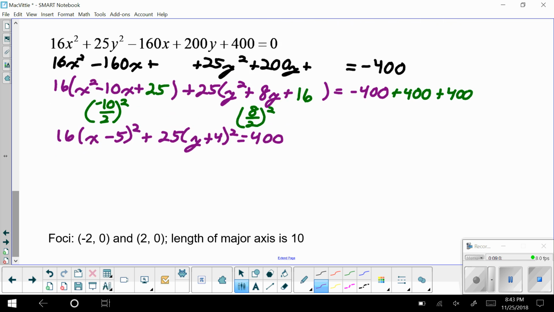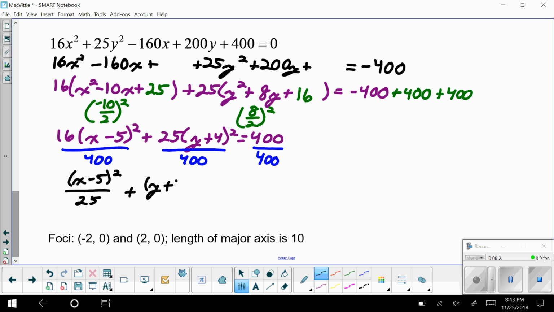And then I have to make this equal 1, so I have to divide everything by 400. Which leaves me with (x minus 5) squared over 25 plus (y plus 4) squared over 16 equals 1.